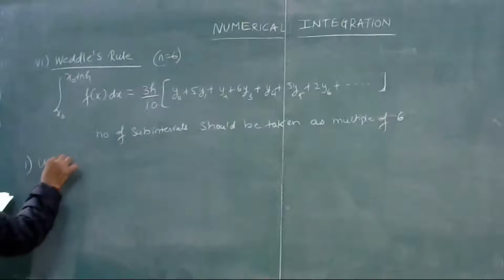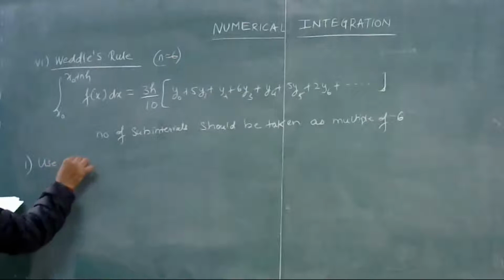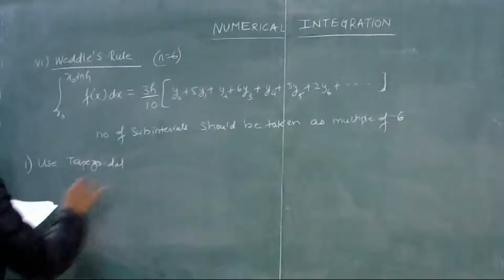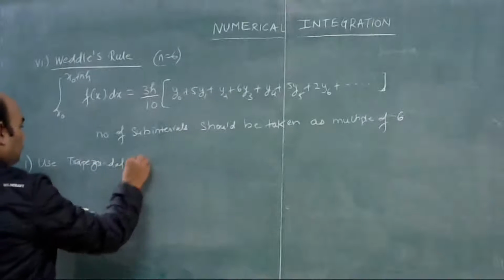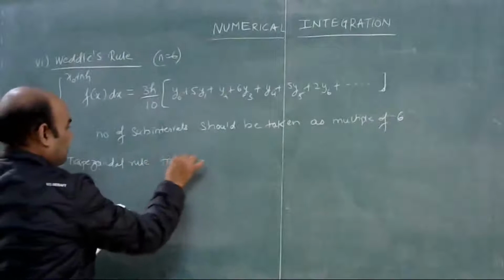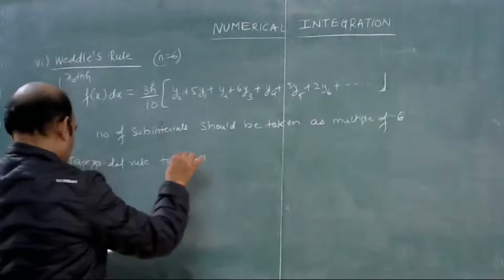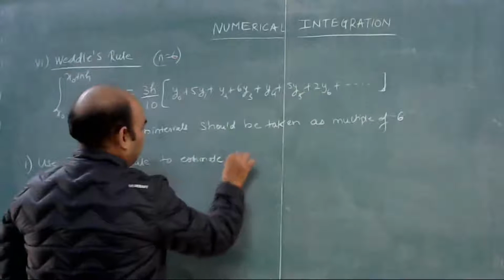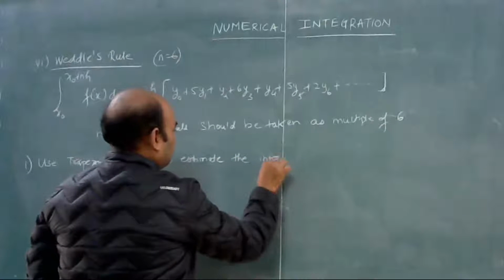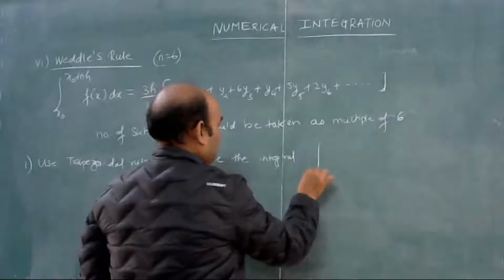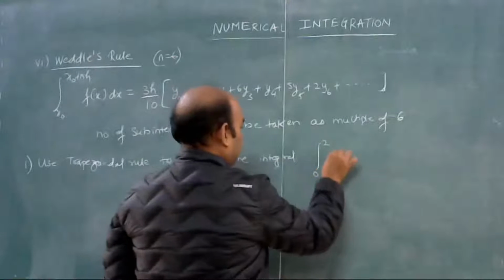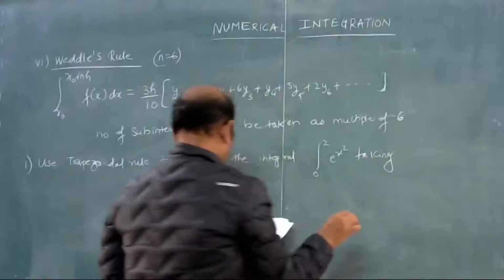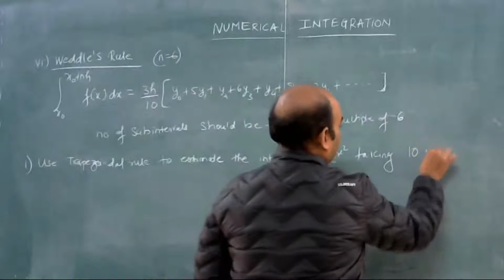use the trapezoidal rule to estimate the integral from 0 to 2 of e to the power x square, taking n equal to 10.